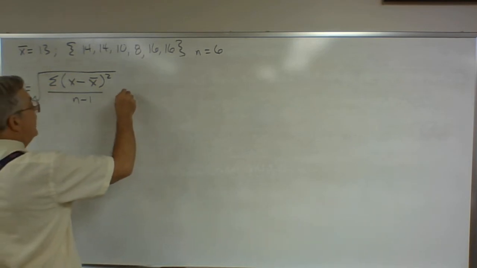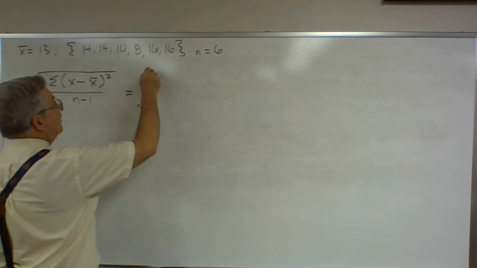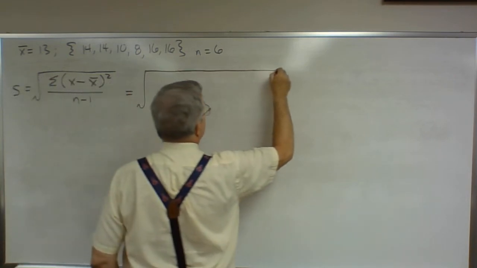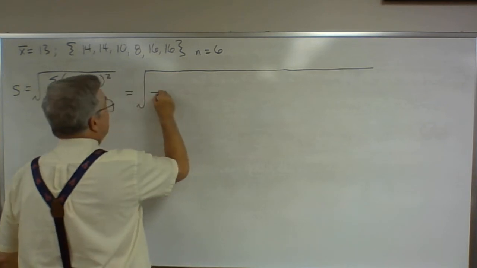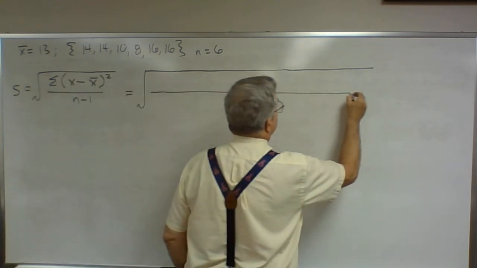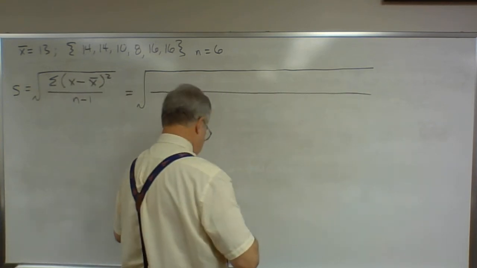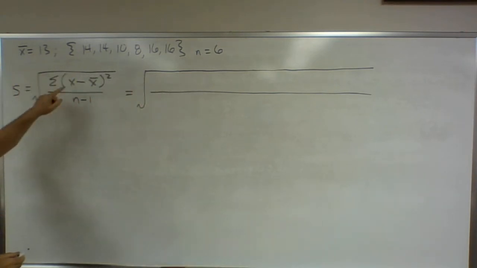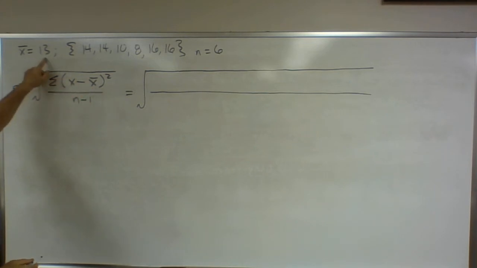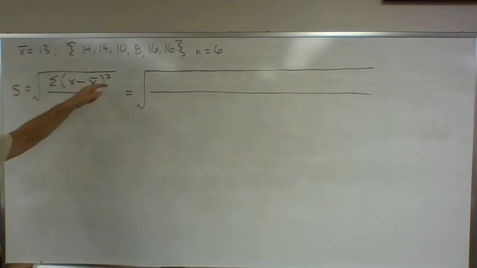So let's do that. I'm going to draw a big fat square root here. For each data value, we have to take the data value minus the mean, 13, and square it. And then we add all of these up.